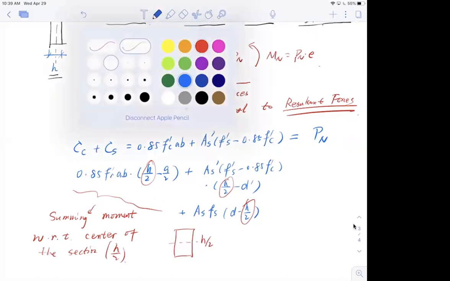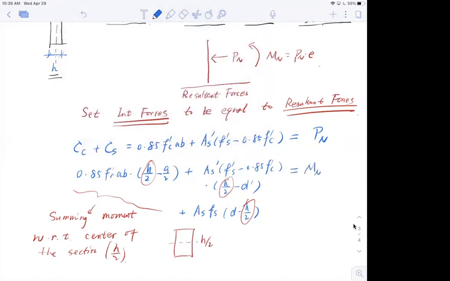And the right side equals Mn, or Pn multiplied by e.